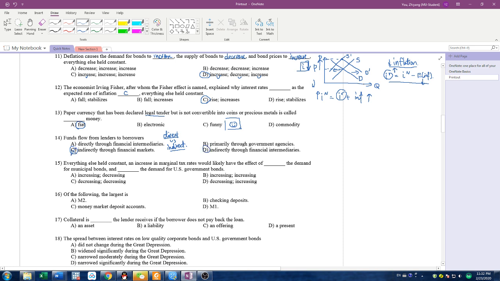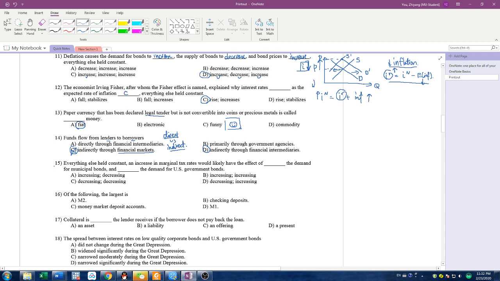Actually, the right answer is D. We know there should be financial intermediaries in there, but this is slightly confusing. But if you notice, some financial markets connect lenders and borrowers directly. So indirectly through financial markets is partially right. Okay, it is only right under certain circumstances.